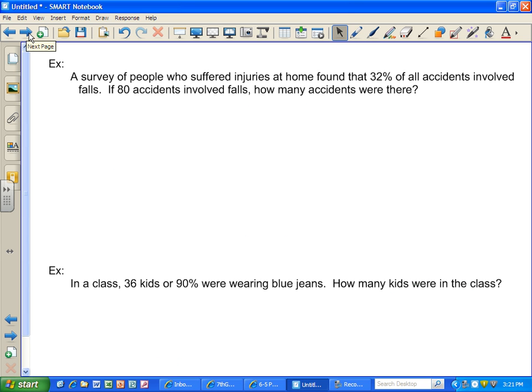We have two more examples. A survey of people who suffered injuries at home found that 32% of all accidents involved falls. If 80 accidents involved falls, how many accidents were there? The first thing I want to do is set up my proportion. The easiest thing to fill in is the percentage, which they told you is 32%.